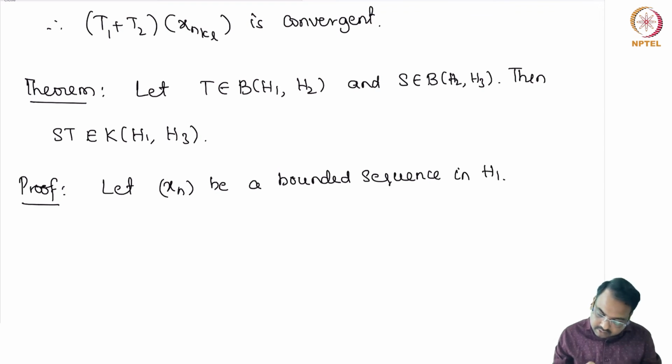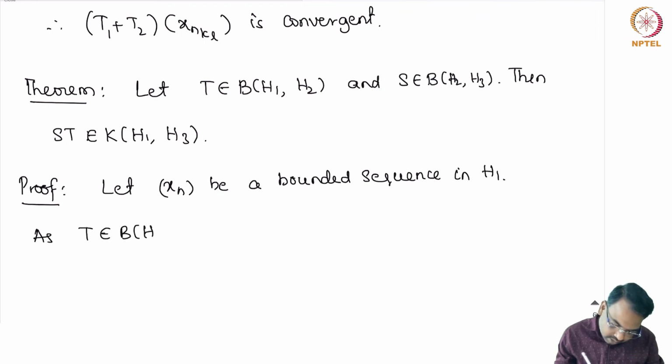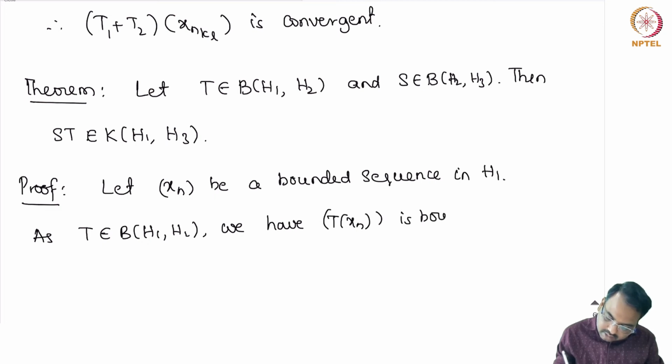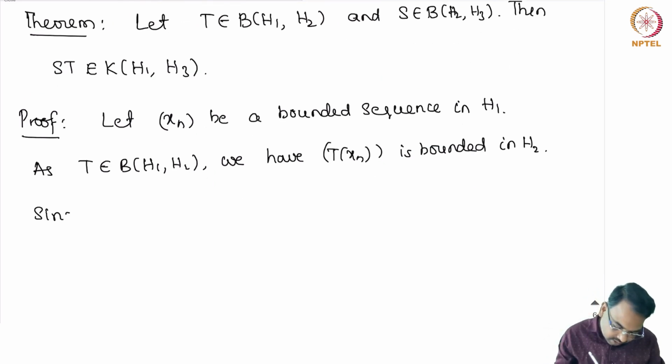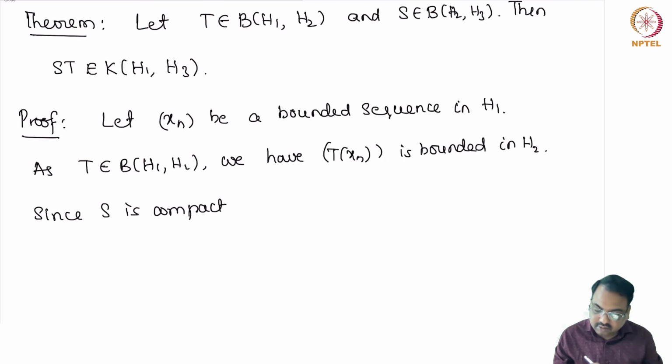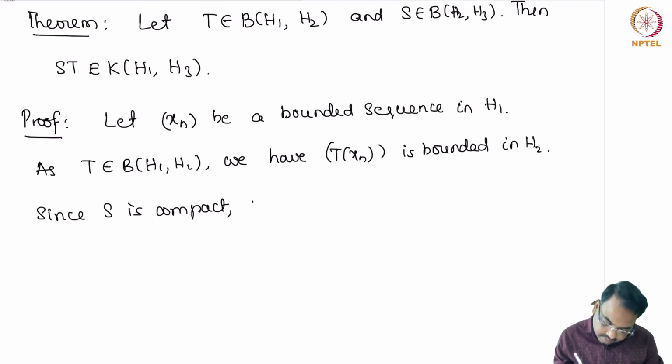Now as T is bounded, we have that T of Xn is bounded in H2. Now S is compact. Since S is compact and we know that T of Xn is bounded, S T Xn has a convergent subsequence.